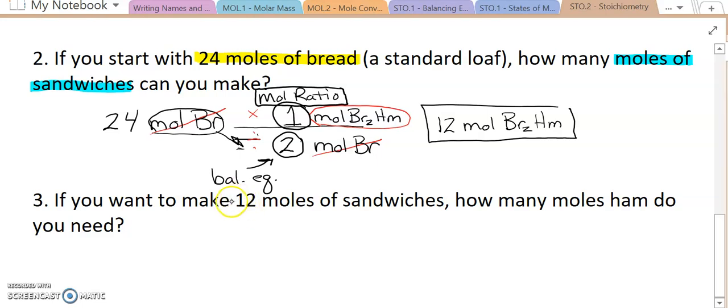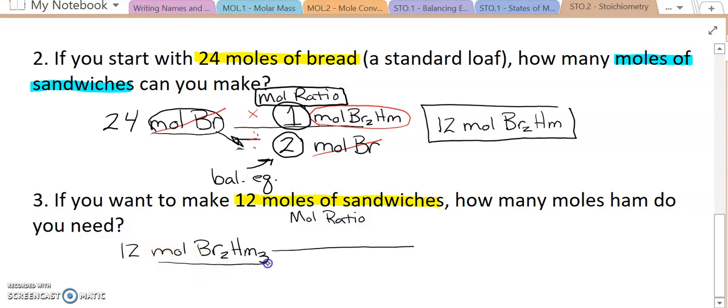So I can take this 12 moles of sandwiches, that's going to be my starting point. And as long as I have moles, I can use that mole ratio from my balanced equation.